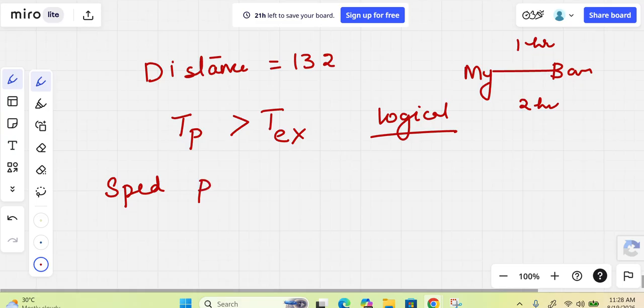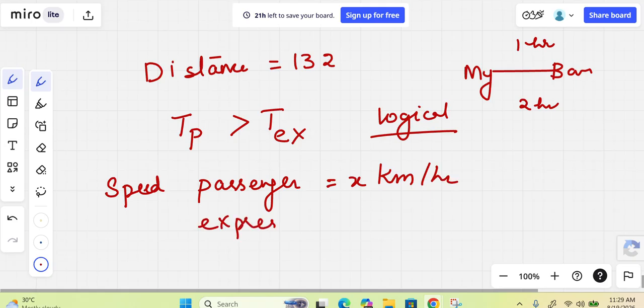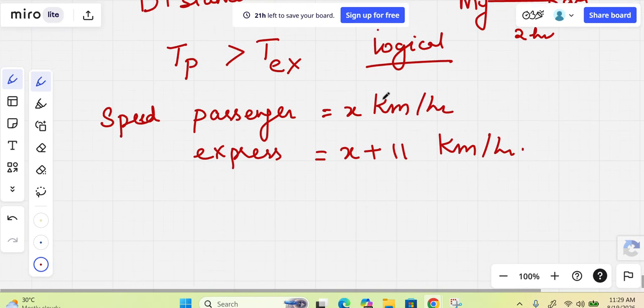If the passenger train speed is x kilometer per hour, your express train is very fast. The speed is x plus 11 kilometer per hour. So speed also you have, and you know the relationship between the time. Time of passenger minus time of express is equal to 1.